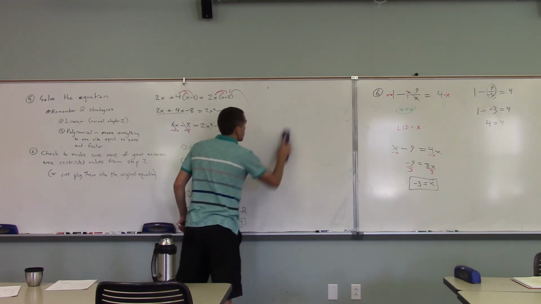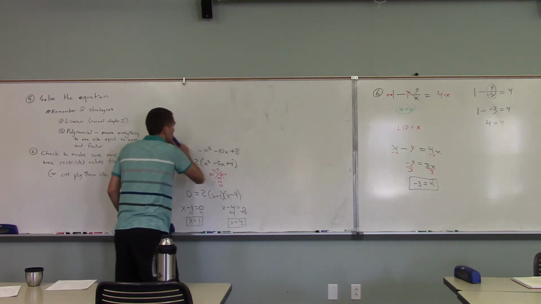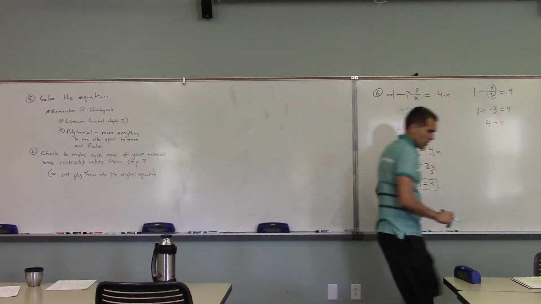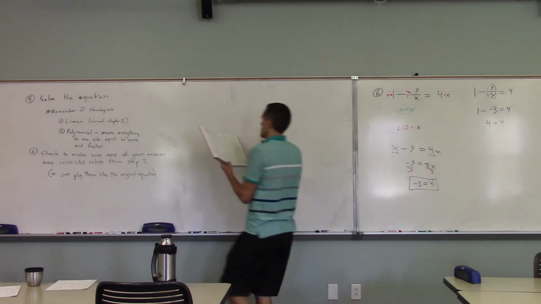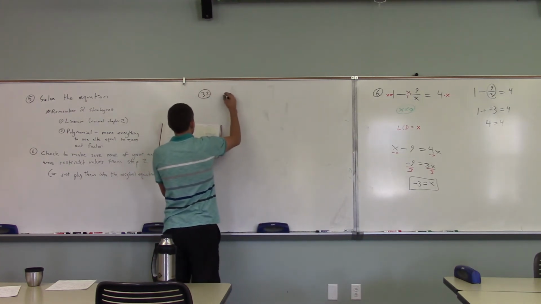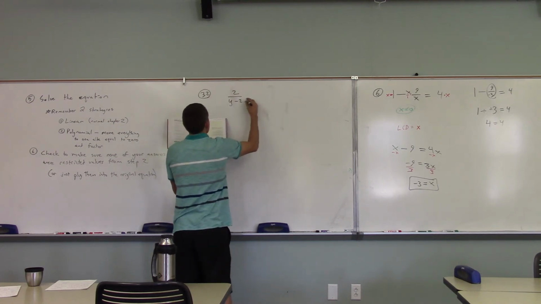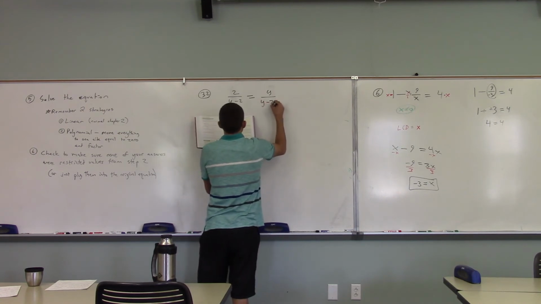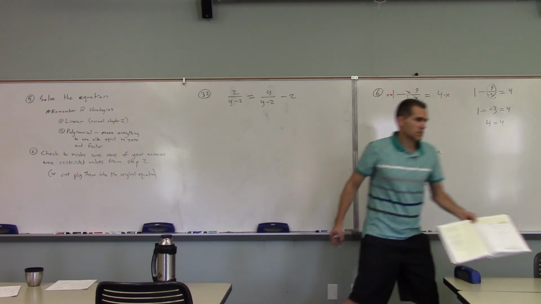Now let's do one that's a little harder. Here's the problem I was originally going to give you with the instructions. So let's do 32. 32 is 2 over y minus 2 equals y over y minus 2 minus 2. Lots of y's, lots of 2's.